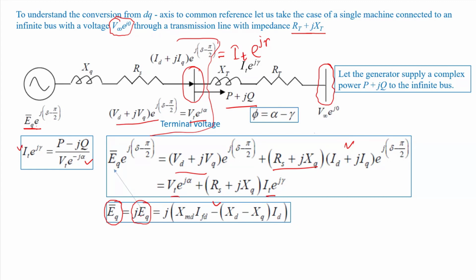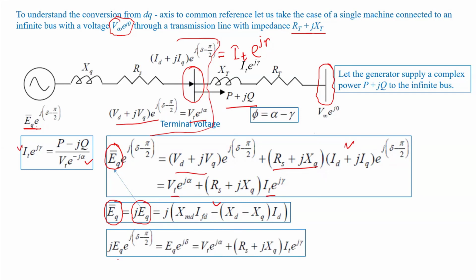So if I substitute this quantity here in terms of jEQ, then what will happen here? It will become jEQ e to the power j of delta minus pi by 2. So this is nothing but, if I write it in terms of magnitude and angular form, then I can write it as EQ e to the power j pi by 2, right?